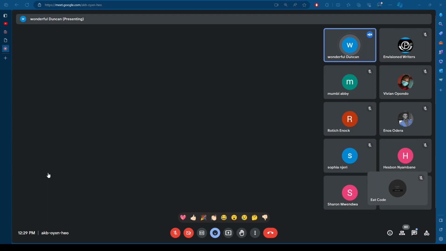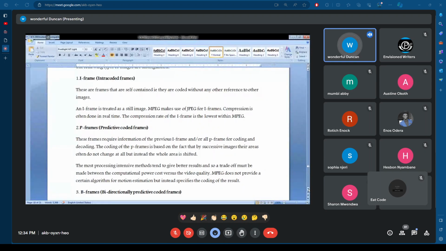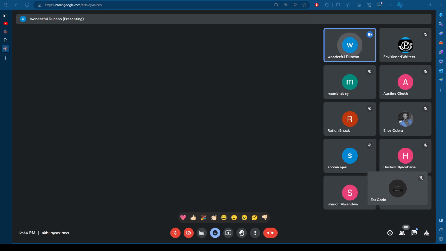Right, these frames require information from the previous I-frame for the frame to be coded, or this image to be coded.